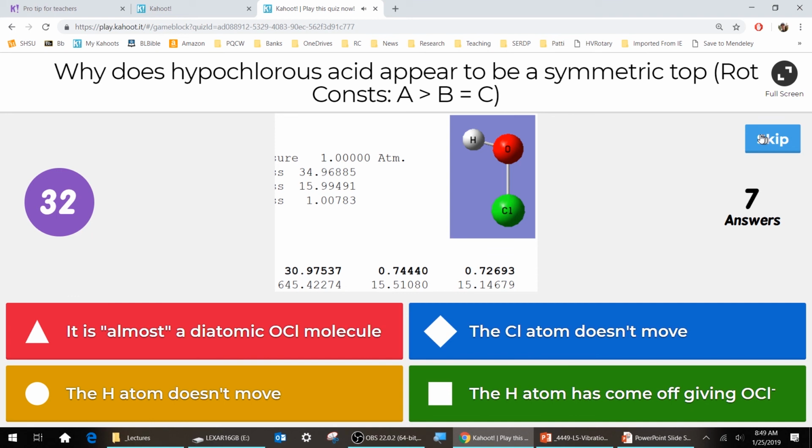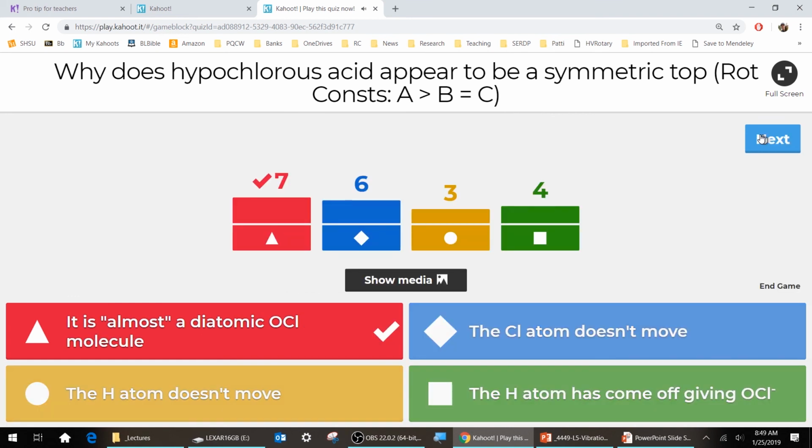So this is a thinking question. Spread all the way across.